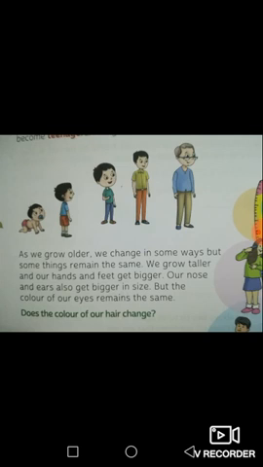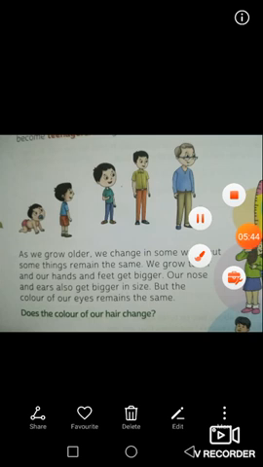We grow taller, and our hands and feet get bigger. Our nose and ears also get bigger in size. But the color of our eyes remains the same. Does the color of our hair change?